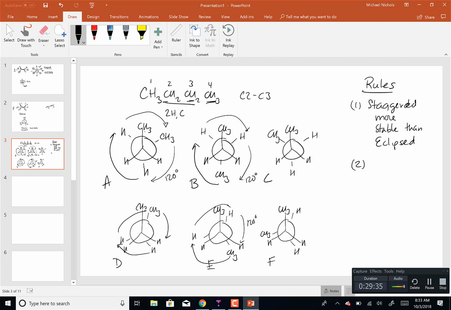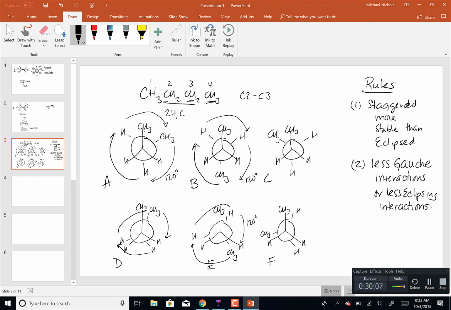Rule number 2 is that you want less gauche interactions or less eclipsing interactions, depending on whether you're in the staggered or the eclipsed. Now, what does that mean? What is gauche?